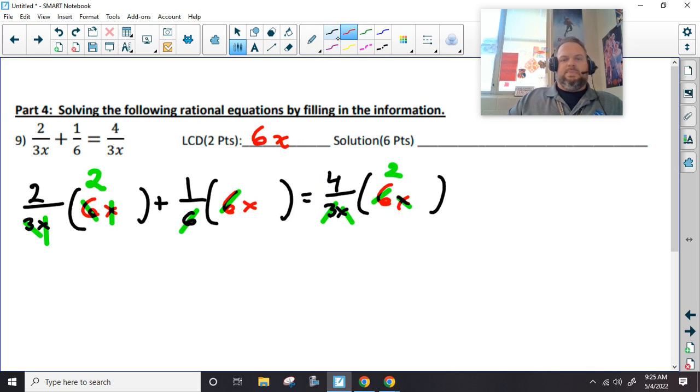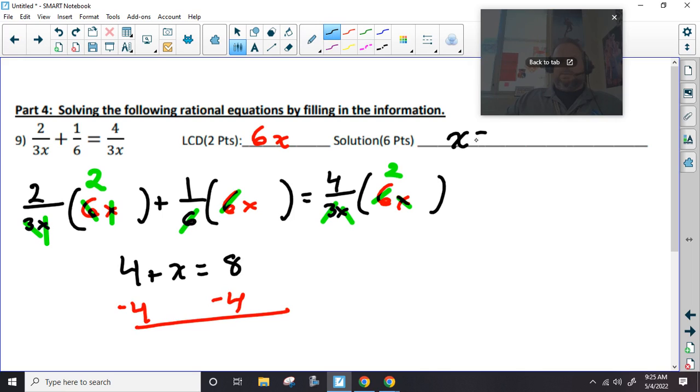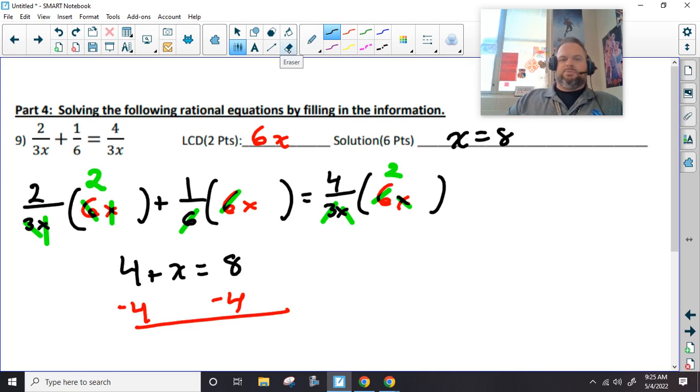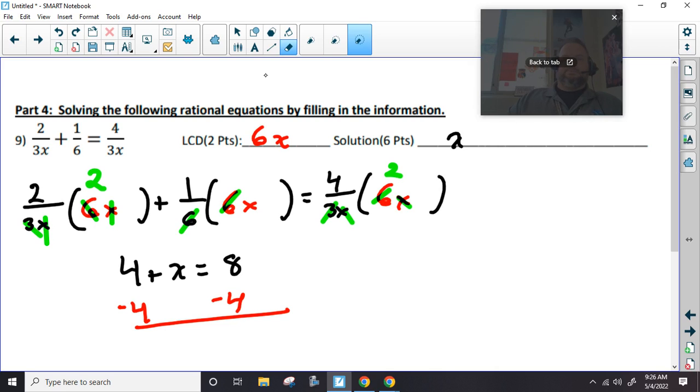So let's see. 4 plus x equals, wow. 4 plus x equals 8. Hmm. Minus 4, minus 4. X equals, dadgummit.